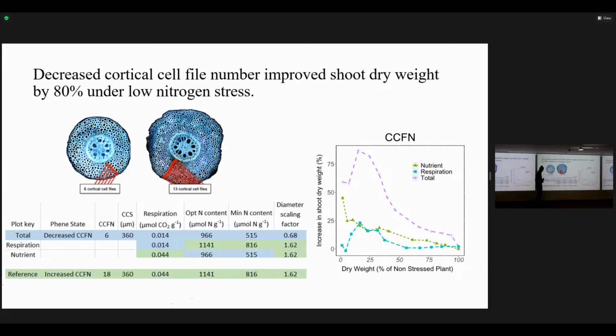We did the same for nutrient content, and we observed that the benefit was also around 30%. And whenever we test the effect of diameter by itself, we observe that the diameter is giving a benefit of 35% or almost 40%.